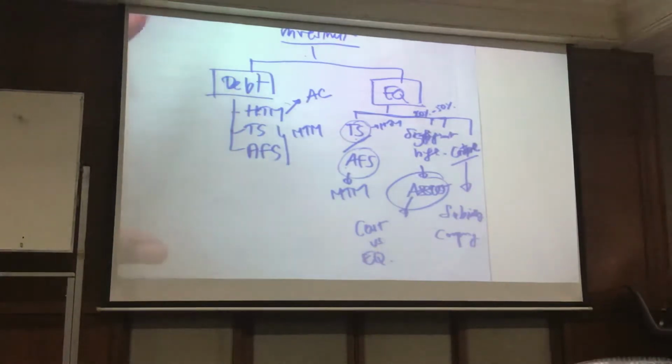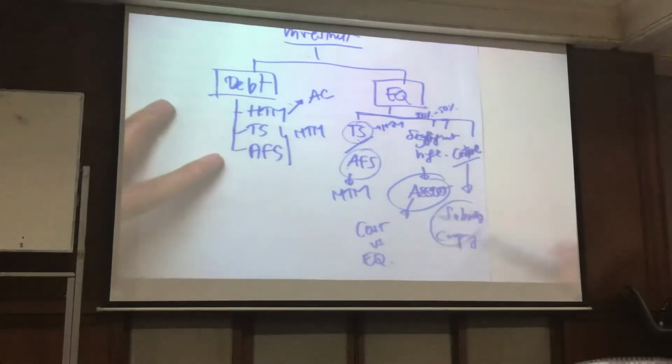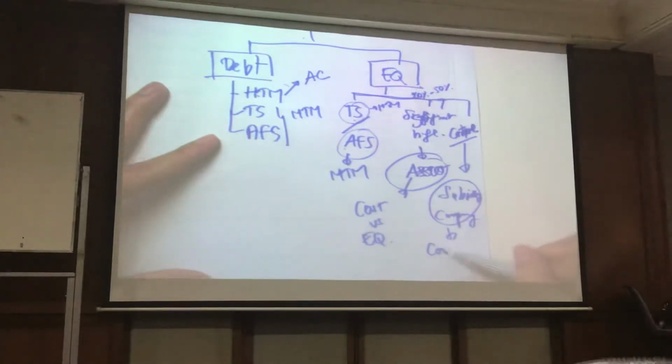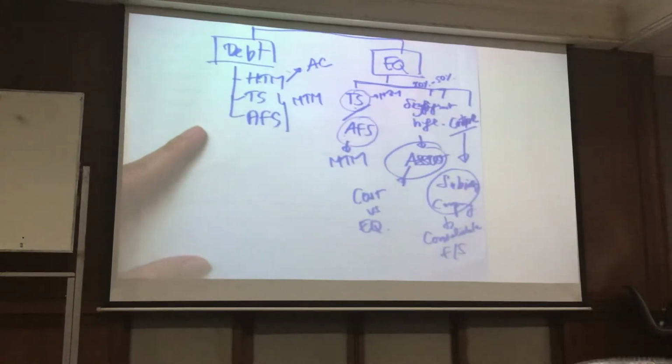When you can control them, your relationship between you and the investee turns to be parent and subsidiary. You are parent, and the investee is called subsidiary. And when this relationship happens, you are required to do consolidated financial statement. That's what we're gonna learn today.